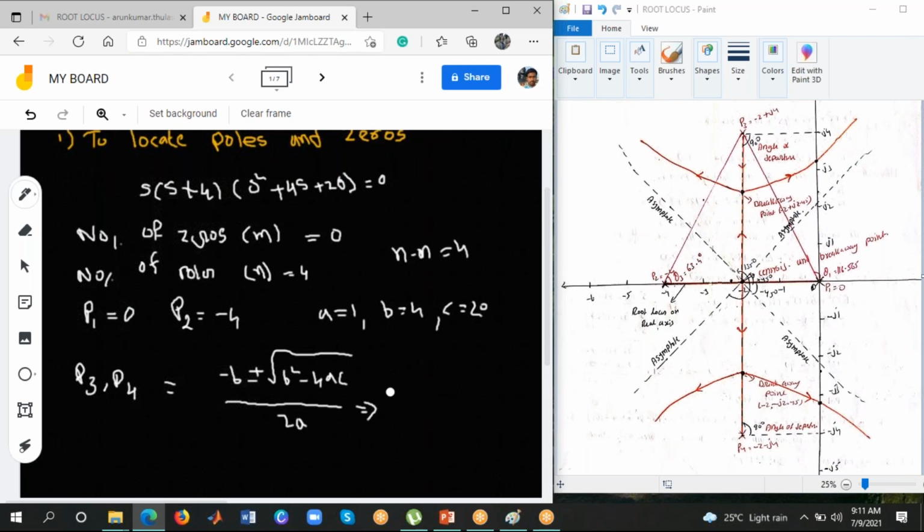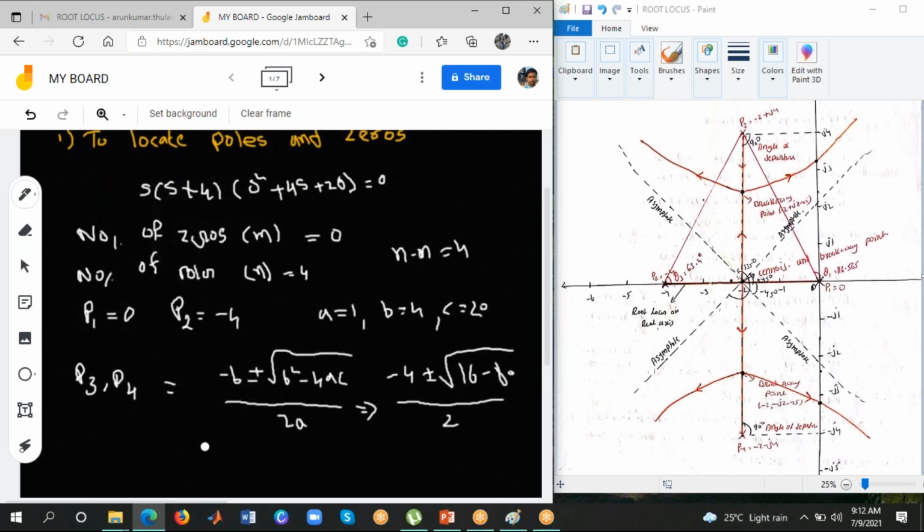Substituting, minus 4 plus or minus square root of b square, which is 16, minus 4ac, that is 80, divided by 2.